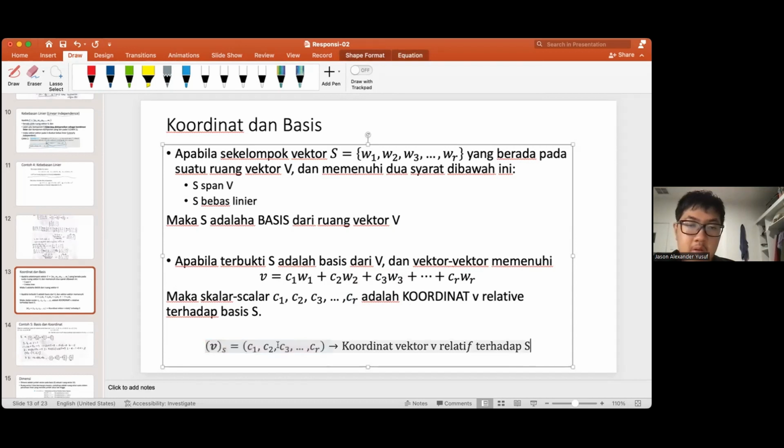The coordinate vector, we can express this as a vector, C1, C2, C3 until CR. And they are called the coordinate vector of V that is relative to S. Okay.